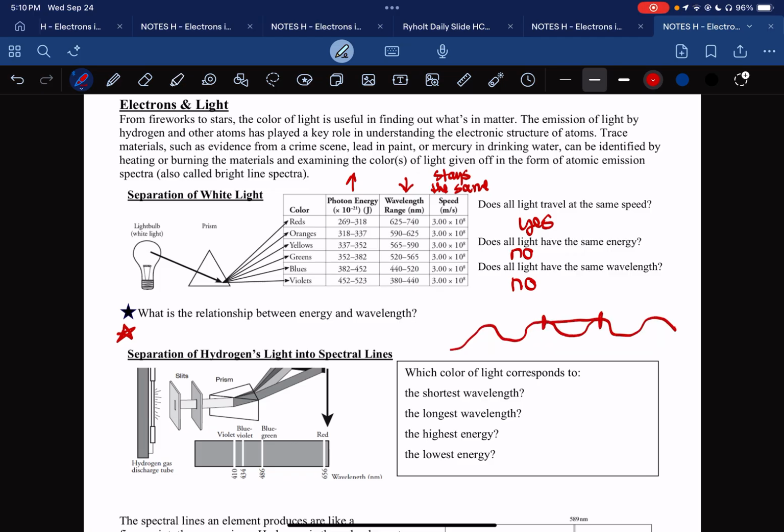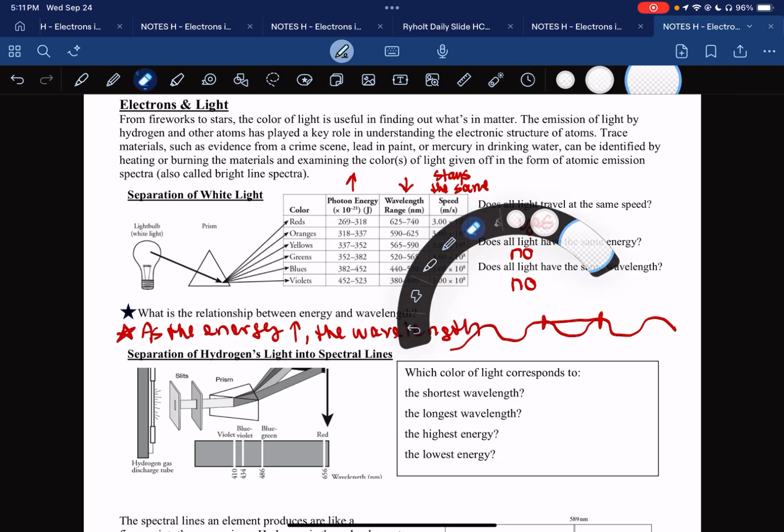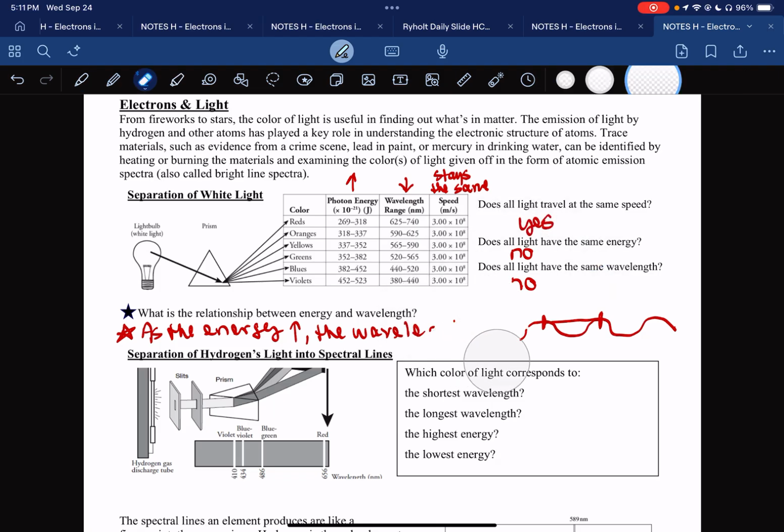So let's say as the energy increases, the wavelength decreases. I went a little too far with my wave. The wavelength decreases.